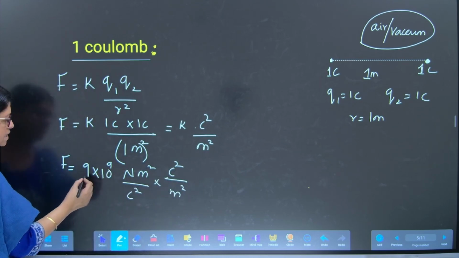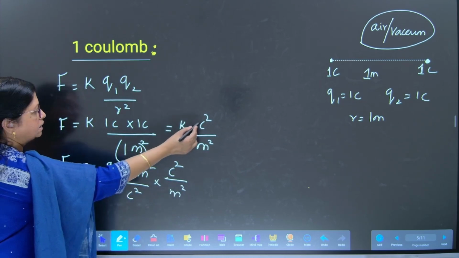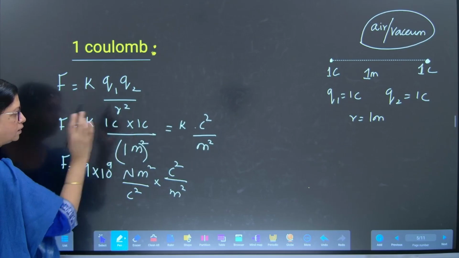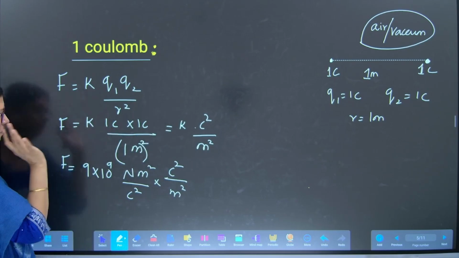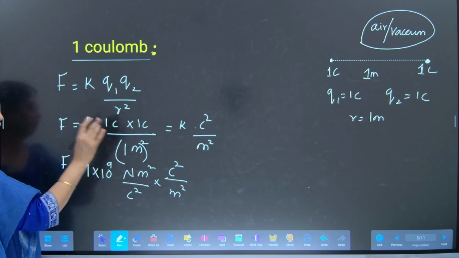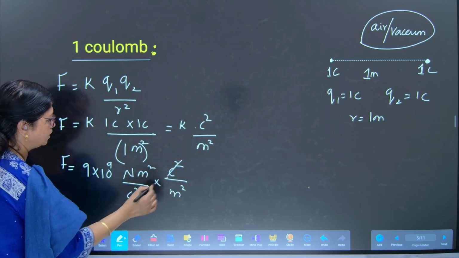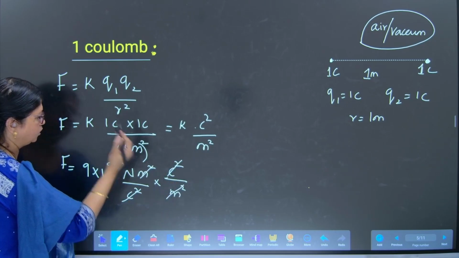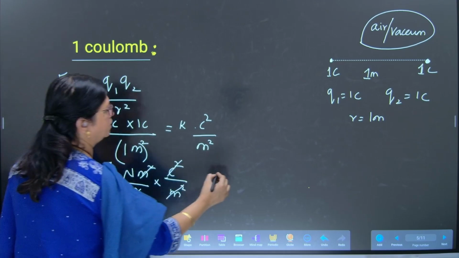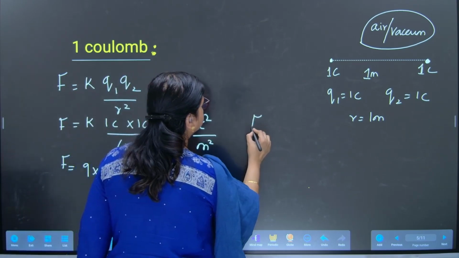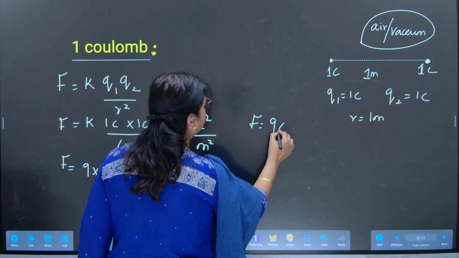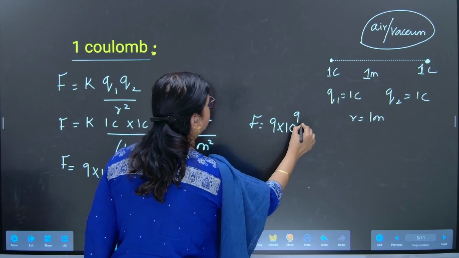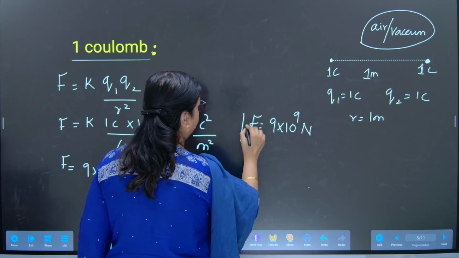This is the value of K and this is the unit which we got from this particular formula as I substituted 1 Coulomb and 1 Coulomb. So I cancel Coulomb square and Coulomb square, meter square and meter square. What am I left with? I am left with F is equal to 9 into 10 raised to 9 newtons.